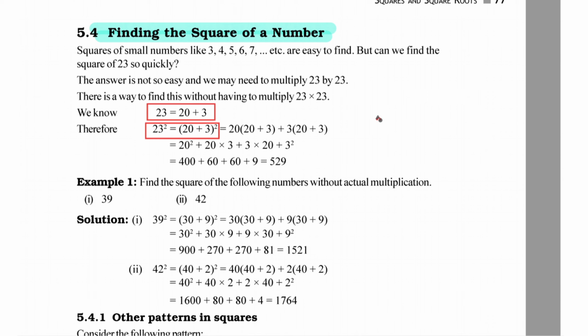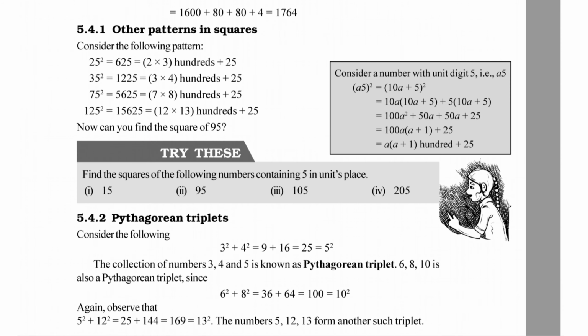Then you make use of the formula a plus b whole square, which is nothing but a square plus 2ab plus b square. Just make use of this formula, simplify and get the answer. That's how you can find the square of a given number.